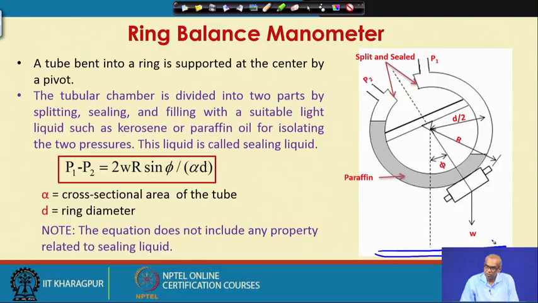It consists of a tube with circular cross section. The tube may be made of plastics, the tube may be made of aluminum, metal, and so on and so forth. So, a tube is bent into a ring and is supported at the center by a pivot.